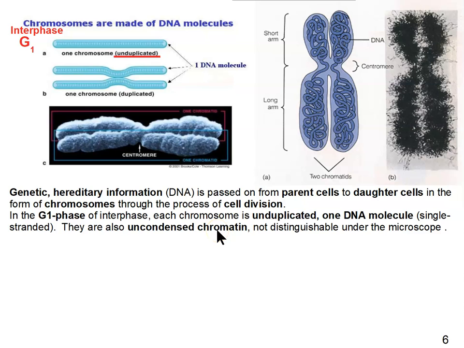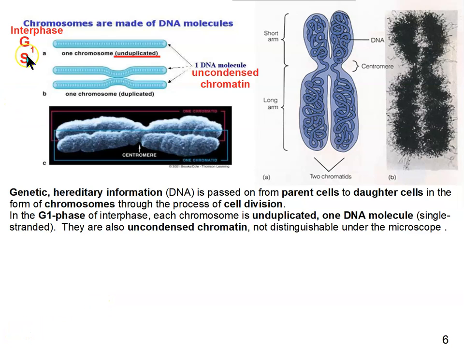And I made that point then that a cell that is not undergoing cell division has DNA in the form of chromatin, not chromosomes. Okay, so in G1 of interphase, the DNA is unduplicated. Each DNA molecule, there's only one copy of it, and it is uncondensed chromatin.